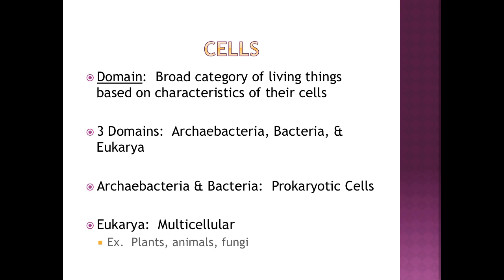And eukarya are eukaryotic cells. So a plant or animal cell would be considered in the eukarya domain and a eukaryotic cell. A eukarya is considered multicellular. It's made up of many cells. Examples include plants, animals, and fungi.